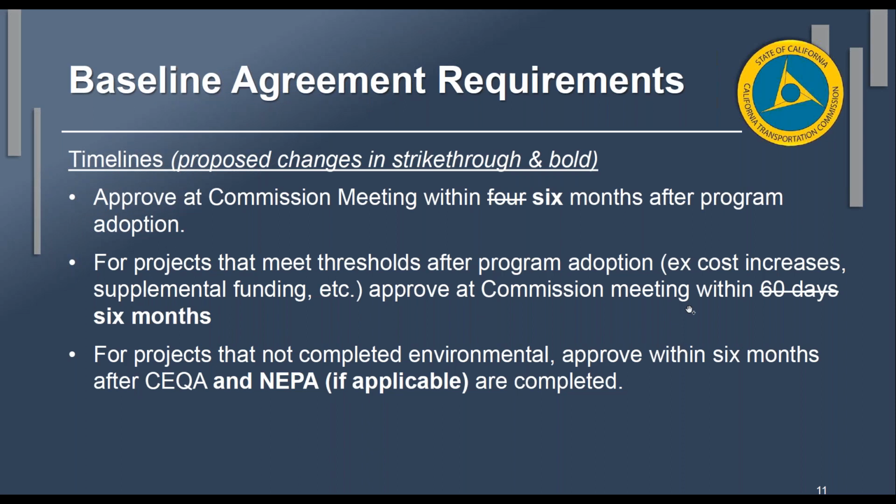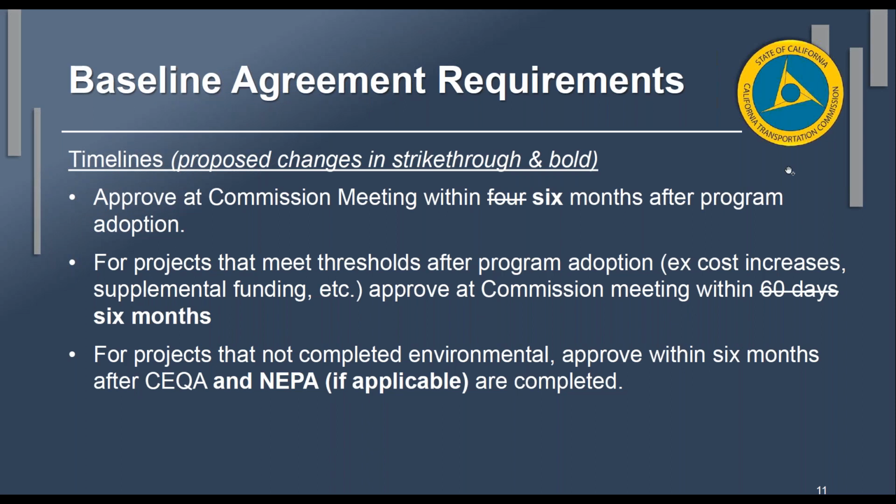The first one is we're changing the 4-month requirement to 6 months after program adoption. The second bullet is we're giving you 6 months instead of just 60 days to do the baseline agreement for projects that meet the threshold after program adoption.